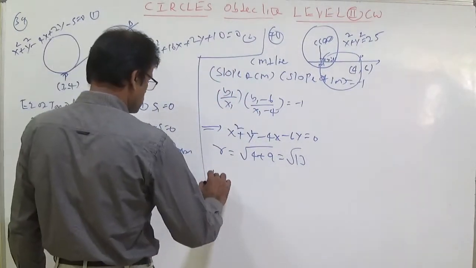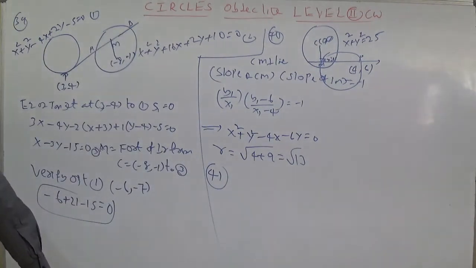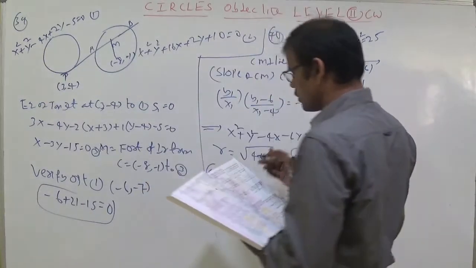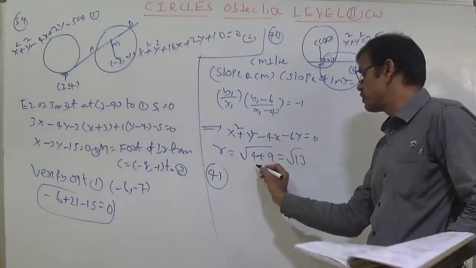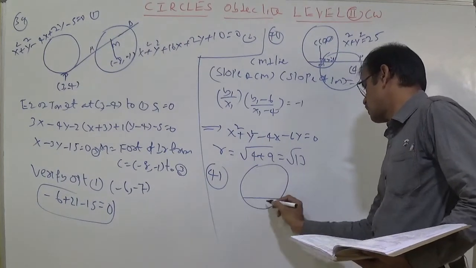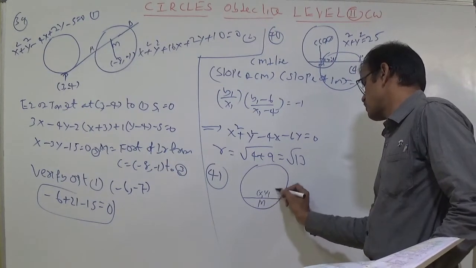Now let us discuss question 41. The locus of midpoints of chords of a circle which are parallel to this line. This is a chord having a midpoint (x1, y1).